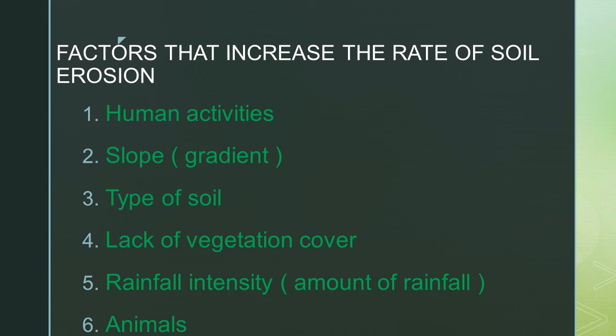Number 6, animals. Pupils, animals loosen the soil particles as they walk on the land. This makes the soil easily carried away by either strong winds or flowing water.